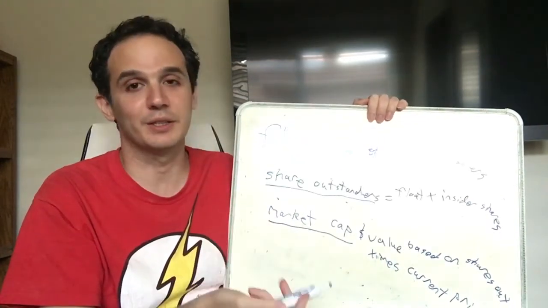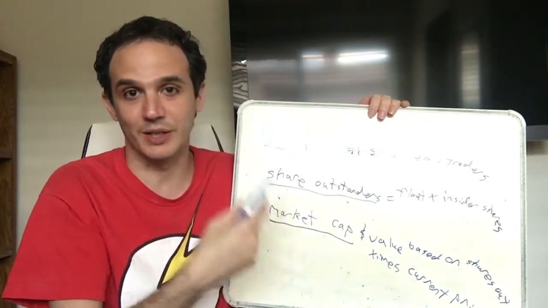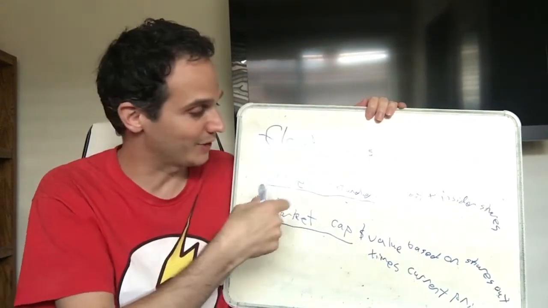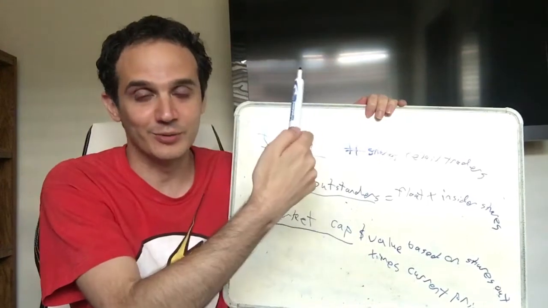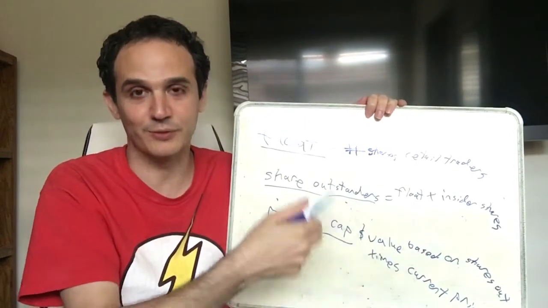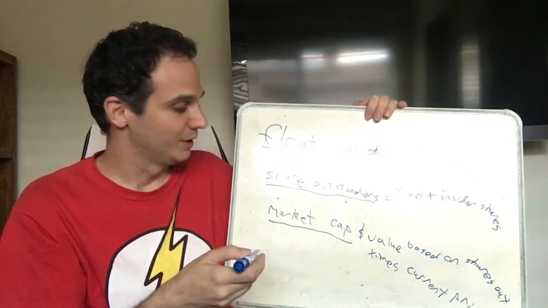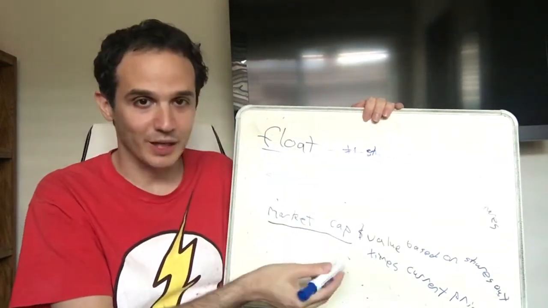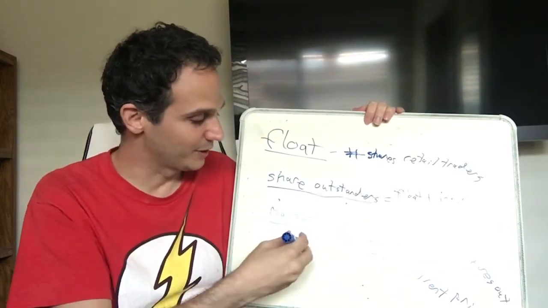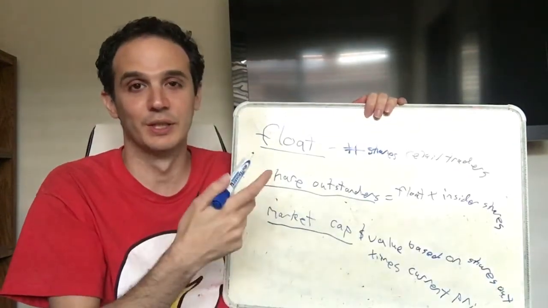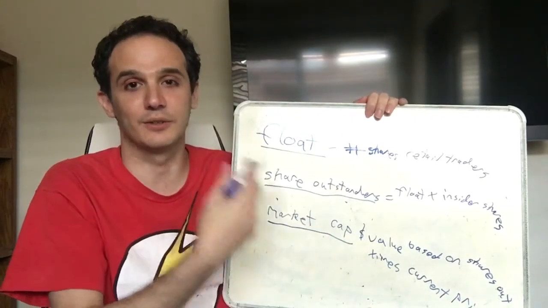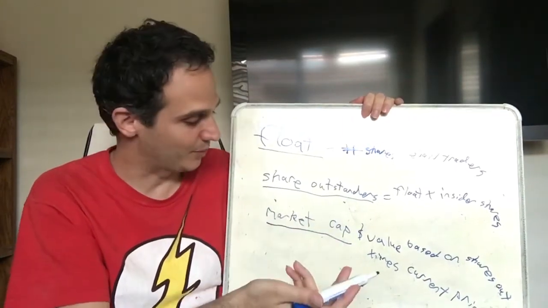So the market cap of a stock that's $10 with the total shares outstanding of 5 million is 50 million. So for market cap in the stock market, a 50 million market cap is considered a small cap stock, or a stock with a small market capitalization.